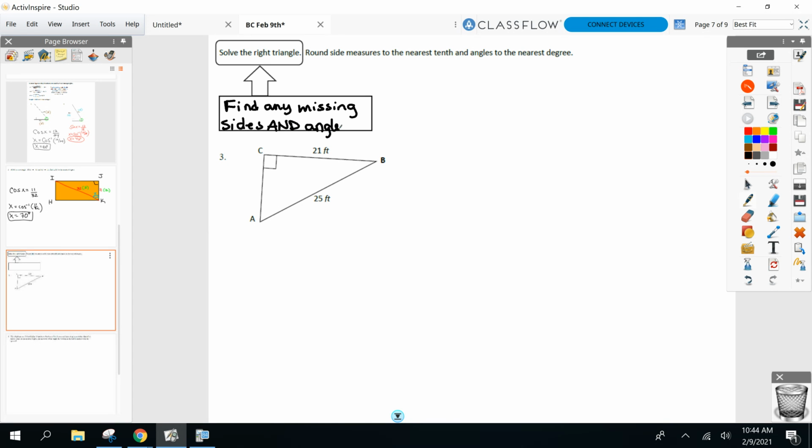So I'm just letting you go at it. I don't want to pressure you and say find the angle first. Find the side, find whatever you want. Go.